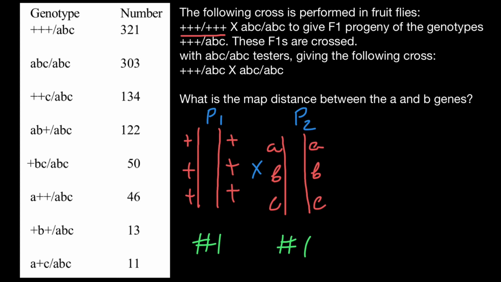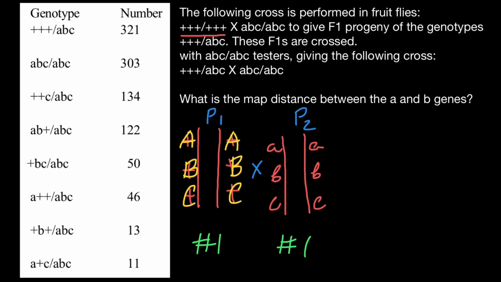Some people find it confusing, so you can change these pluses to dominant alleles, because plus means wild type, and wild type is dominant. So let's say you change it to capital A, capital B, and capital C. Now maybe it is easier to understand that we just have two parents.